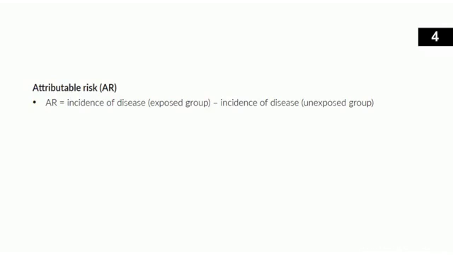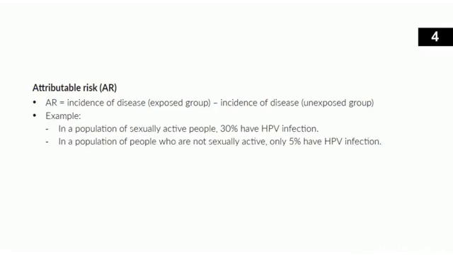It says that attributable risk is the incidence of disease in the exposed group minus the incidence of disease in the unexposed group. For example, in a group of sexually active people, 30% have HPV infection. In a population of people who are not sexually active, only 5% have HPV infection. Therefore, the attributable risk of sexual activity to HPV is 25%.